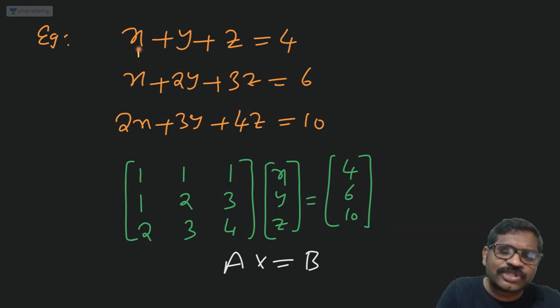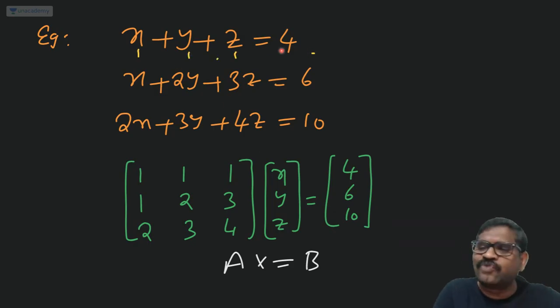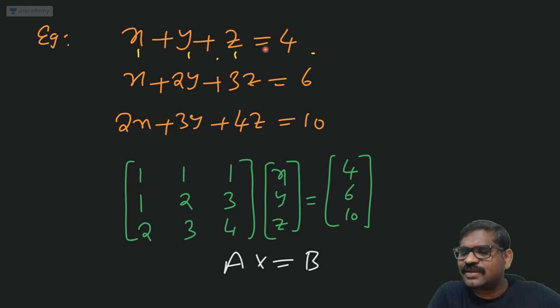If you put 0, 0, 0 here, 0 equal to 4 will come. Catch my point?